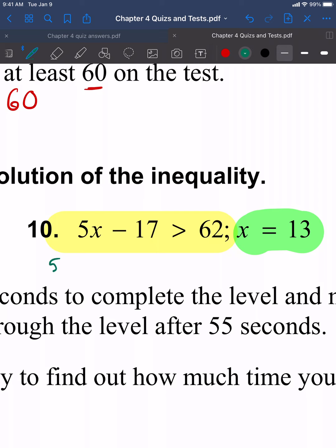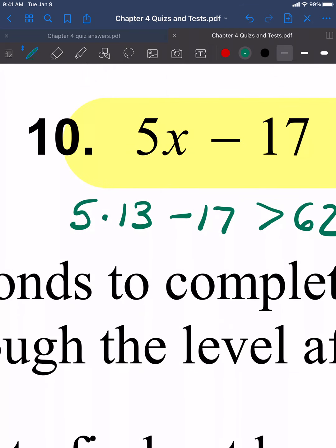So I'm going to have 5 times 13 minus 17 is greater than 62. Go ahead and try to solve 5 times 13 minus 17 on your own first. Okay? Solve that on your own. I'll call a random person to tell me what they got.